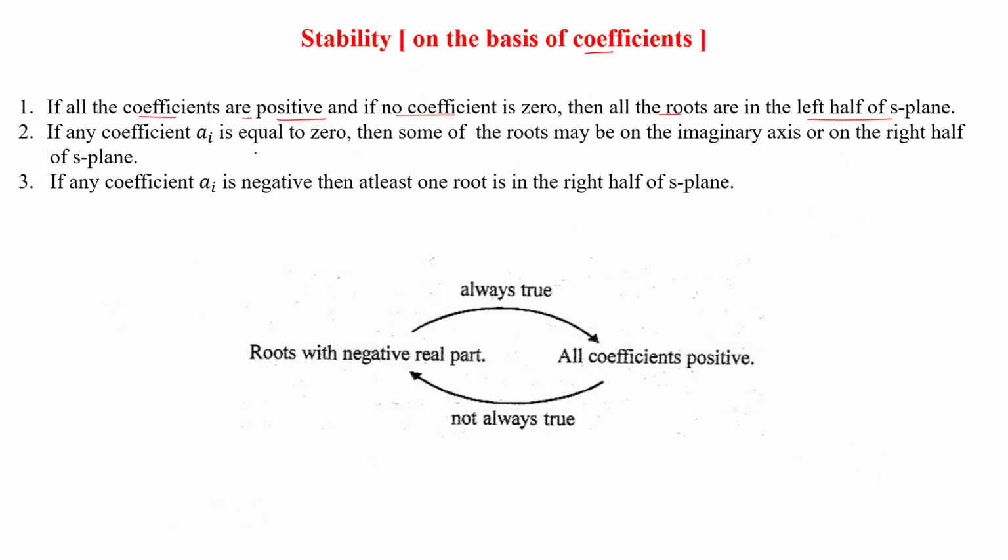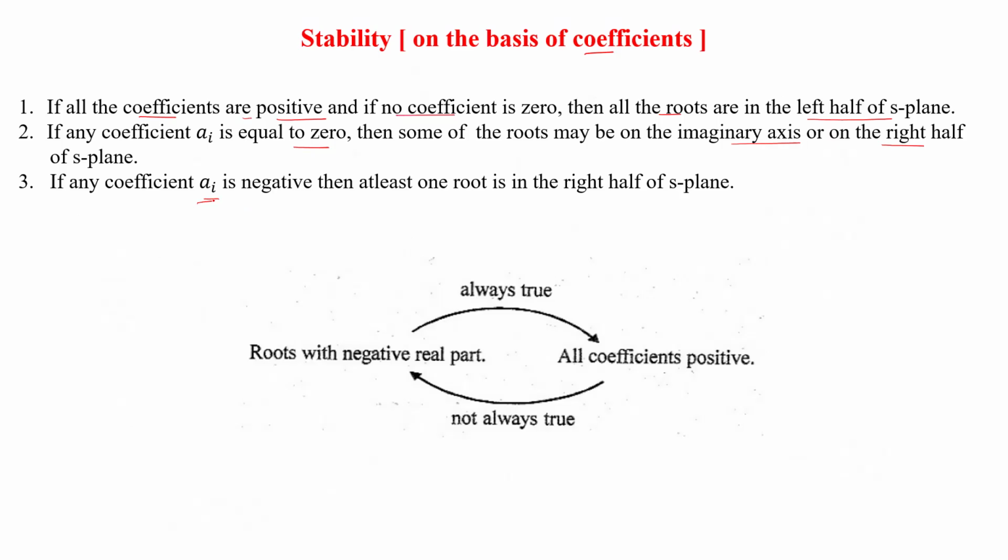If any coefficient is equal to zero, then some of the roots will be on the imaginary axis or maybe right of the S-plane. Then the system is going to be unstable, or if on the imaginary axis, then marginally stable. If any coefficient is negative, then at least one root is in the right of the S-plane.